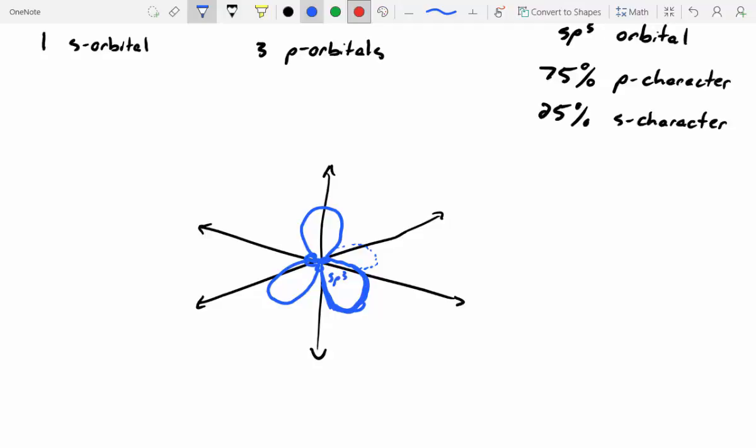We know we've got one electron in each of these 4 sp3 orbitals, so I'll draw one electron. They're organized as a tetrahedron around that central carbon point. And then hydrogen we know is in an s orbital. And we're going to have hydrogen bonding with each of these lobes.